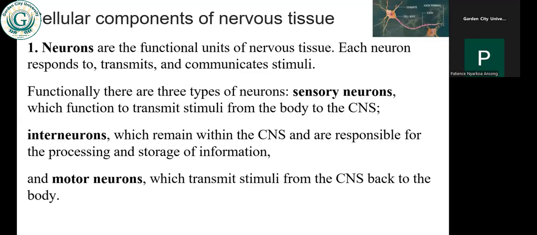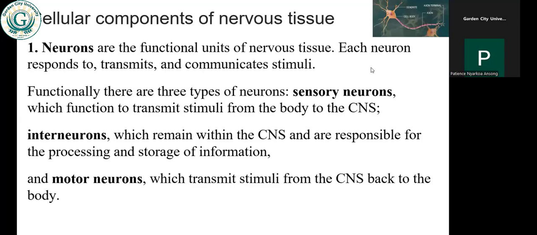So we have each neuron responding to and also transmitting and communicating to another neuron when there's a change. As we move on, you will look at how neurons communicate with each other, and that's how you tend to transmit signals from one neuron to the other.